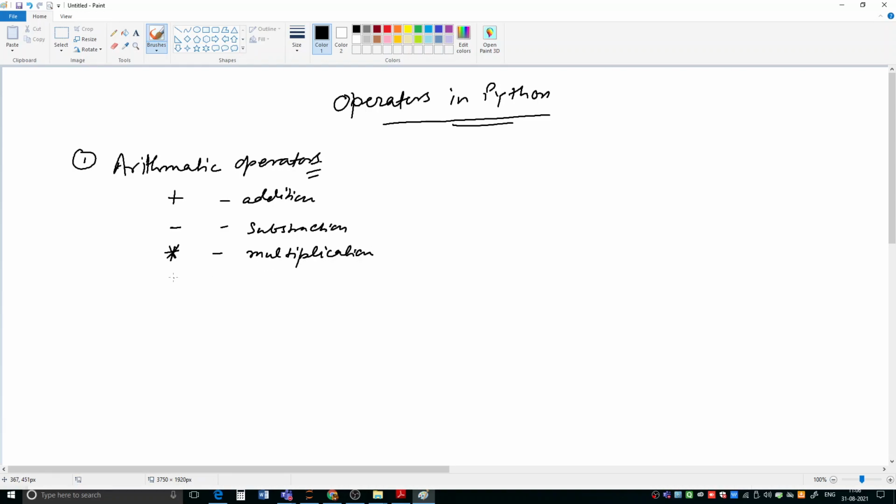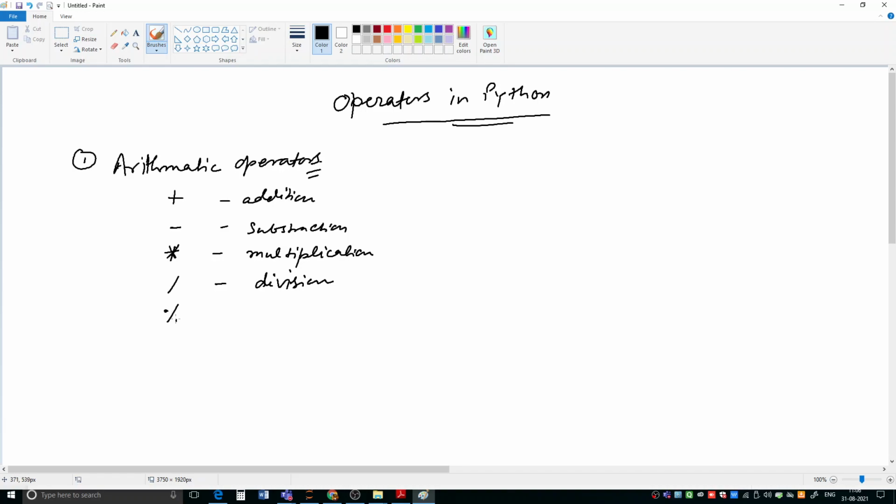Because in computer we cannot write this, it will be considered as x, so that should not be there for multiplication. So for multiplication we are using this, and this is for division.